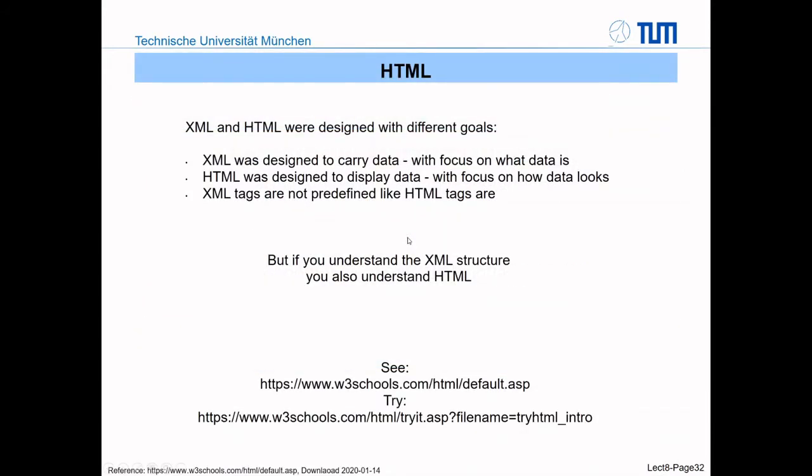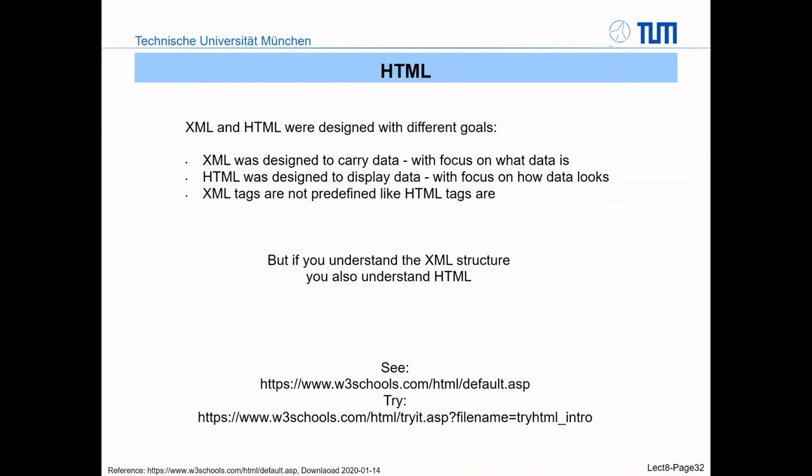So what is the difference between XML and HTML? In XML, you're freely open to do anything. It's just a carrier of data. So it's designed to describe the format of data. So the focus is on data. HTML is designed to display data, to describe the display, the view, the style of the presentation.